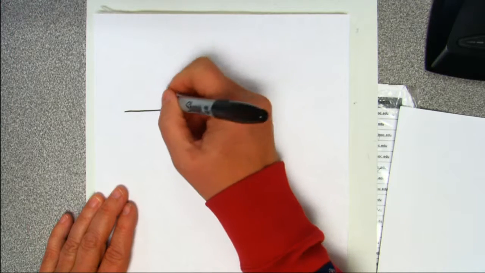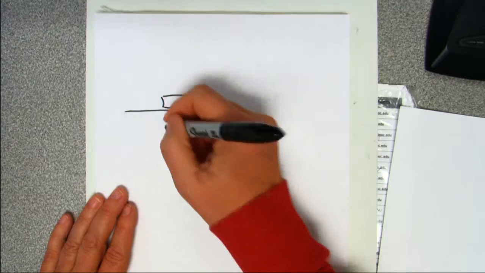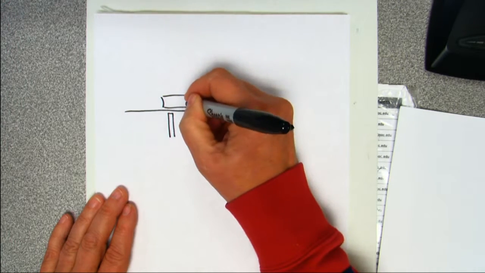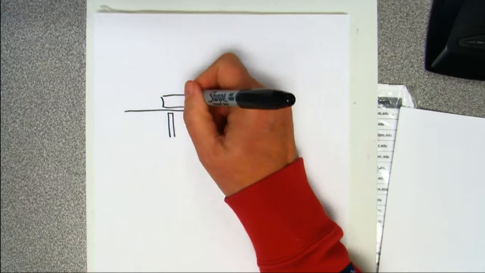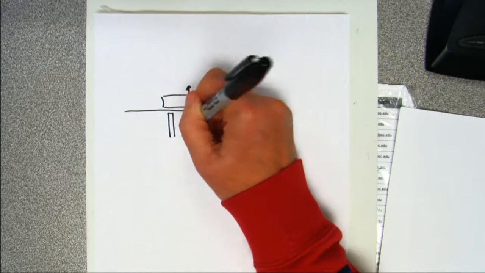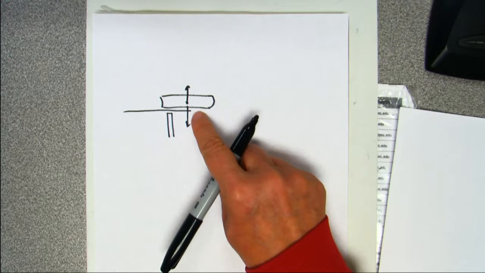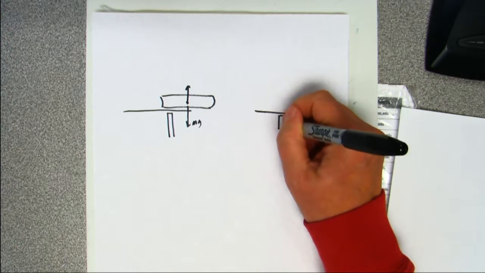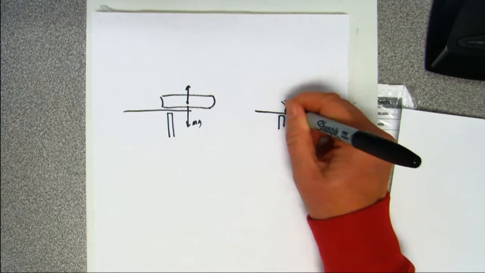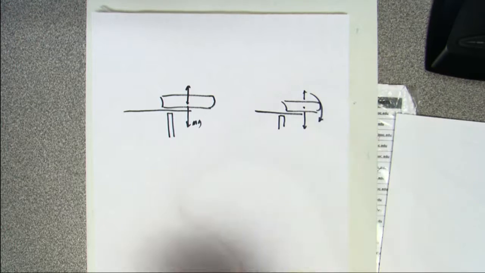So I have a tabletop here, and I'm going to put a book over it, and I can have this book hang across the edge as long as the center of mass is supported by the table, because I'm going to have the normal force and the force due to gravity. As long as this is centered over the table, it's going to stay on the tabletop. Now, the instant that it's no longer centered over the table, I give it a little bit of a push, and this is now over there. There's no supporting it, and this is going to rotate off and fall off the table.